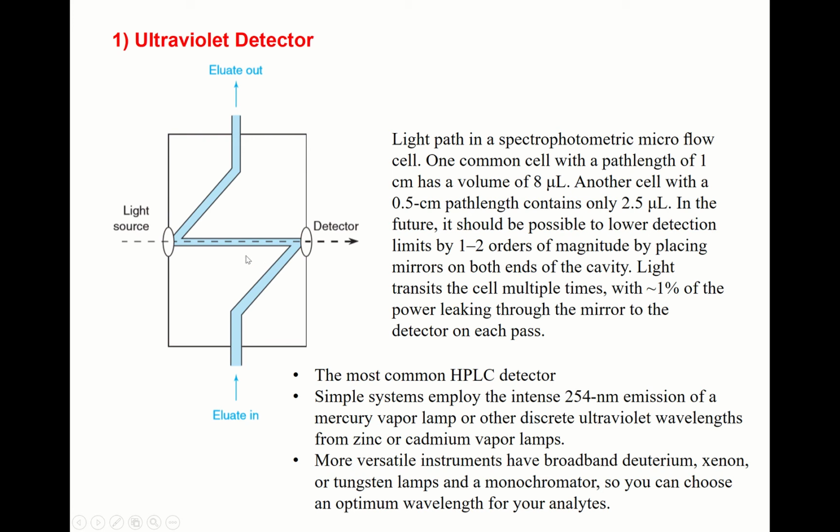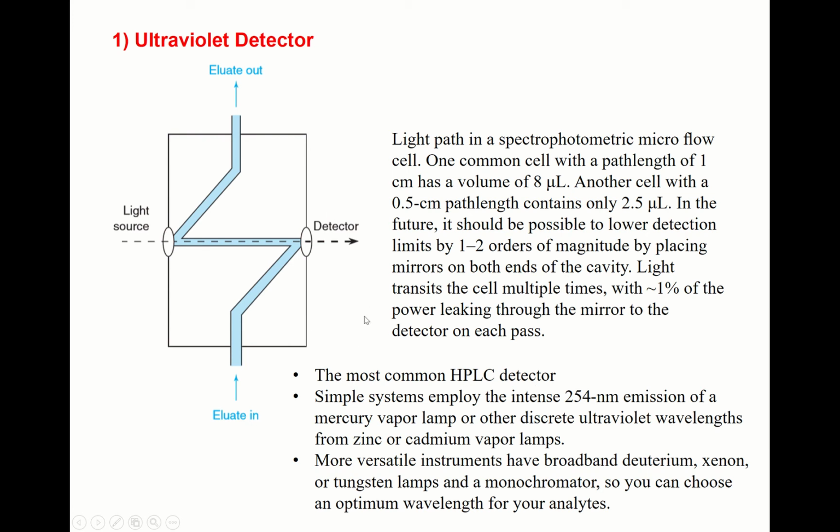Okay, it will absorb from the solute going back and forth, and then the absorbance will increase. Yeah? Putting mirrors here is equivalent to an increase in path length. So that way it is possible to lower the detection limit by 1 or 2 orders of magnitude. Okay, 10 times or 100 times, we can lower the detection limit.